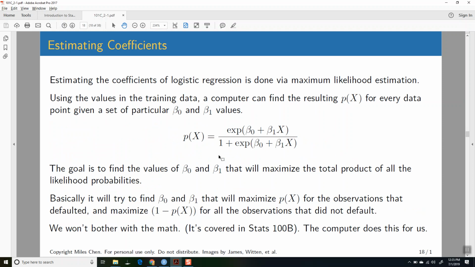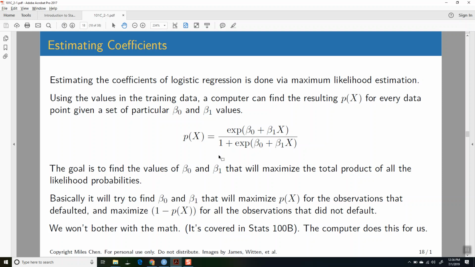the way we estimate the coefficients is via maximum likelihood. But we're not going to worry about doing any maximum likelihood ourselves. We just ask the computer to find the coefficients for us, and the computer uses maximum likelihood. That's all we have to worry about.